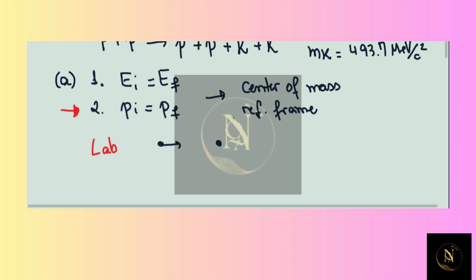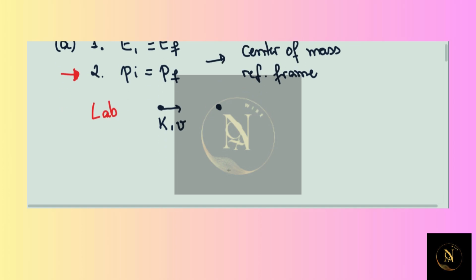The proton that is moving has a certain kinetic energy and a certain velocity v. The second one has neither. But in the center of mass reference frame, both protons are moving with the same speed. Since they have the same mass, the total momentum is zero, so they must have the same speed, just in opposite directions. And I'm going to call these speeds u.